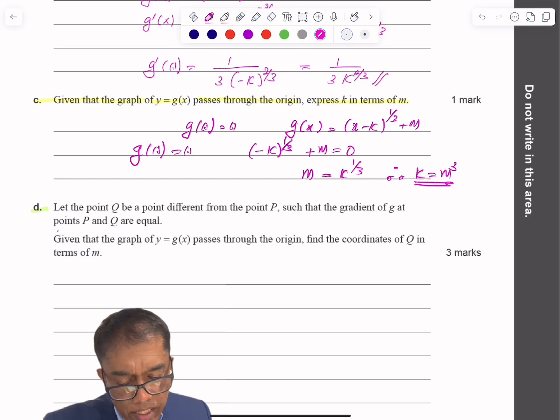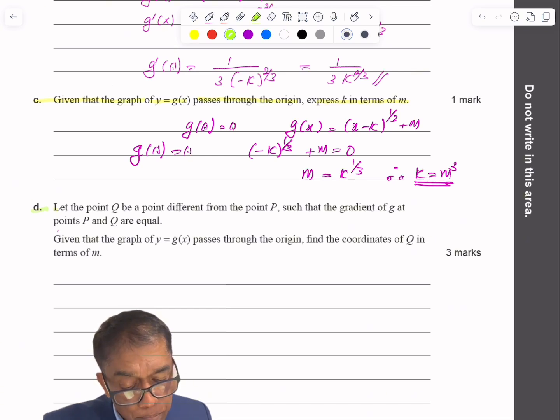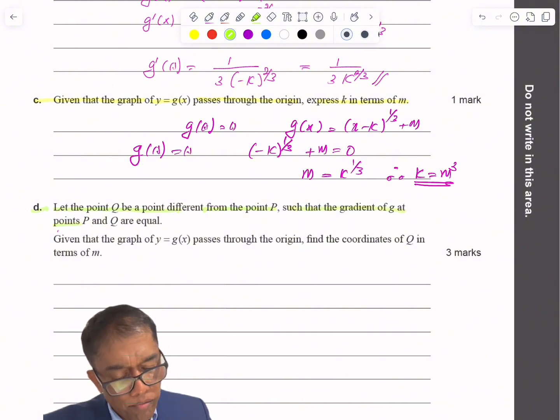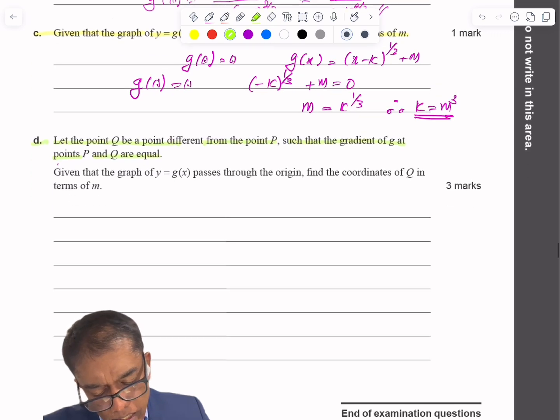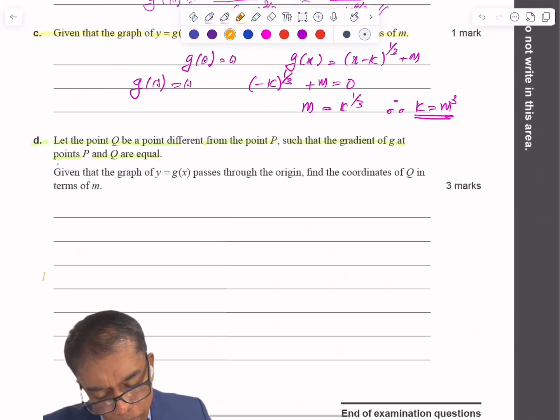Part D of the question. Let Q be a point different from the point P, such that the gradient of g at point P and Q are equal. Think about the curve being like this. P is the point where x is 0 and y is g of 0.